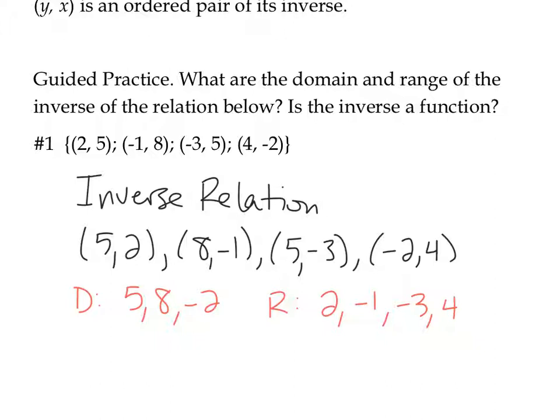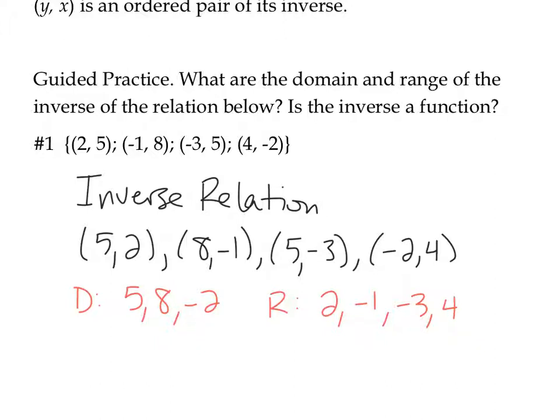And then the other thing we want to pay attention to here is asking, is the inverse a function? So how do we know if something's a function? If you recall, a function says that every input is paired with exactly one output.